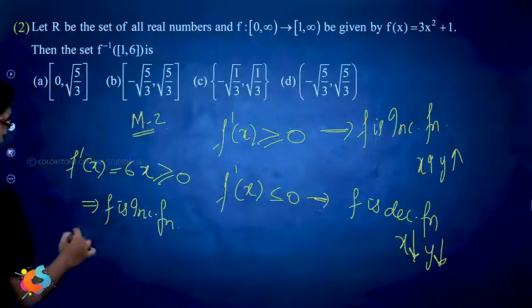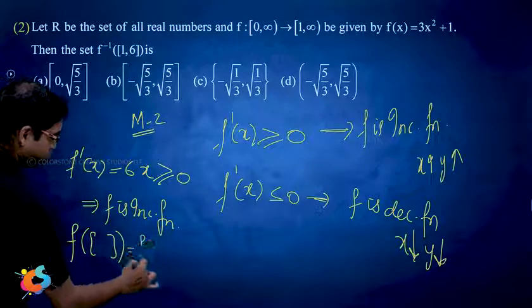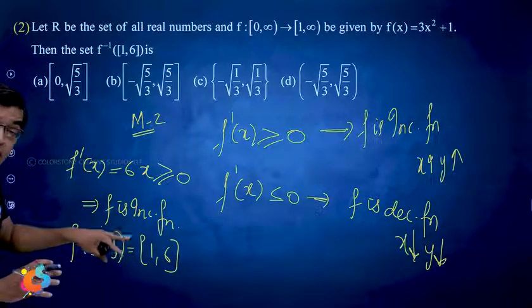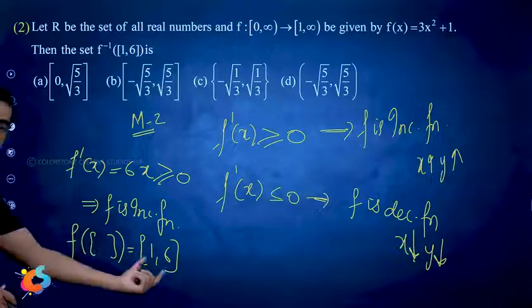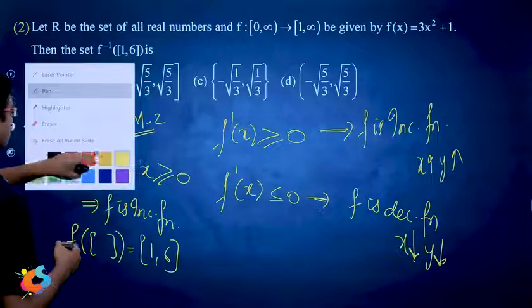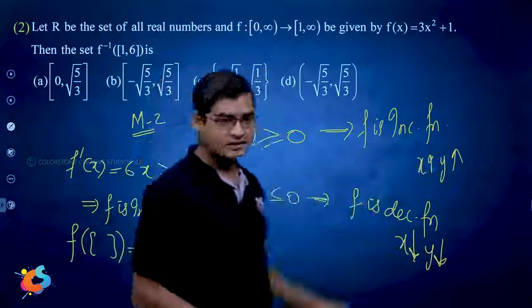What I wanted to find is for which values f of x is equal to 1 to 6, right? More or less it is the same method. We are not drawing the graph here. So f of some values is equal to 1 to 6. Because it is an increasing function, as I told you, as x increases, y increases.